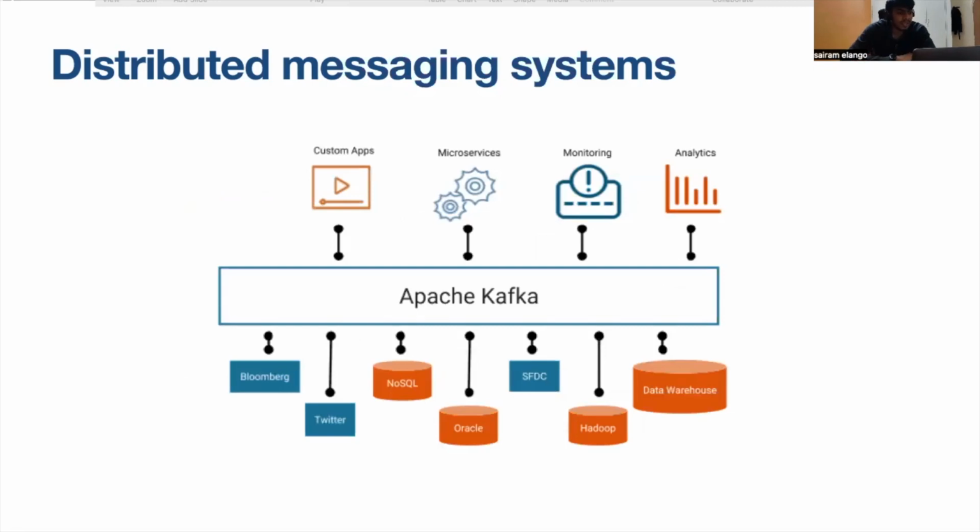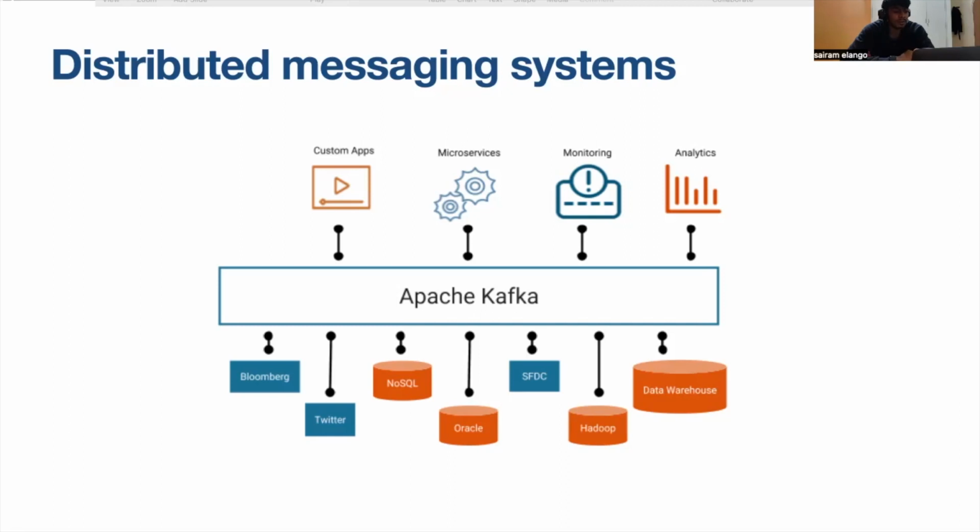And finally, for distributed messaging systems, you have something like Apache Kafka, where you'll have a producer, broker, and consumer architecture. Various data points can be produced from various places into a single broker. This broker will consist of multiple topics, or message queues if you are from a Java background.